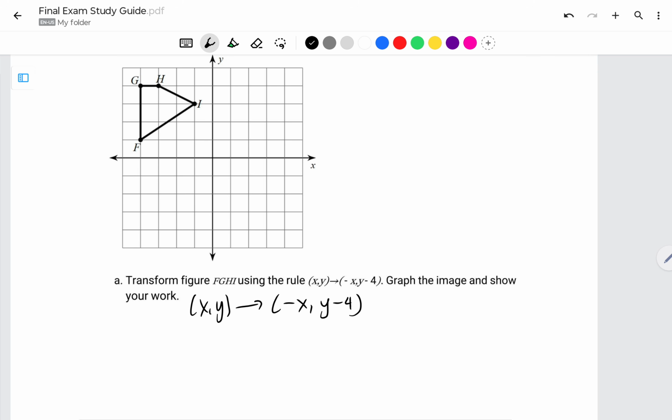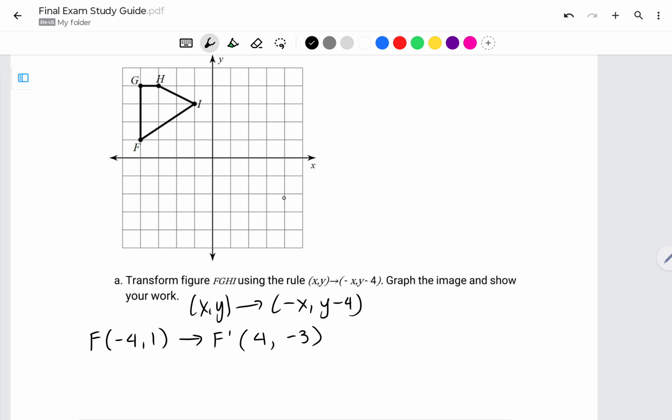I have these points. Let's start with F. F is at negative 4 and 1. Okay. So my new point, it looks like x is my negative 4, and what I'm going to do is attach another negative. So negative 4, that's positive 4. Y is 1. What am I doing to each of my y coordinates? I'm doing 1 minus 4, negative 3.